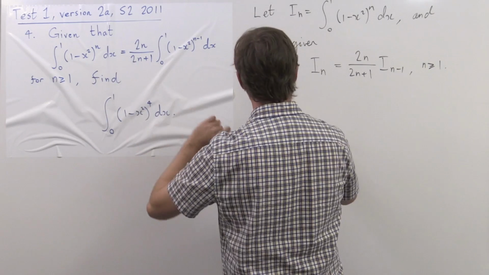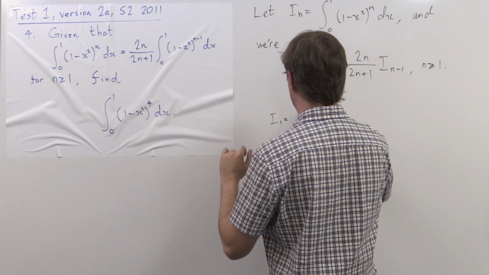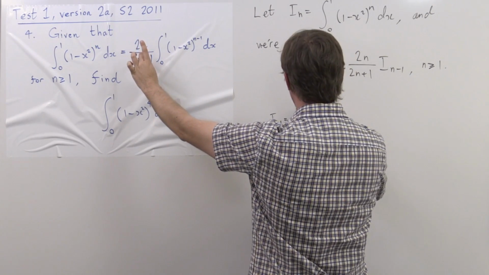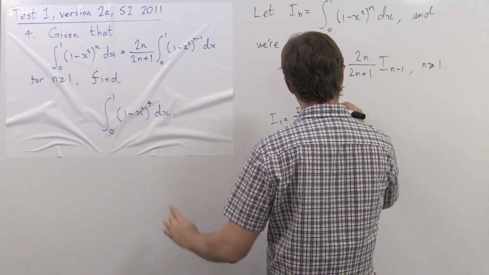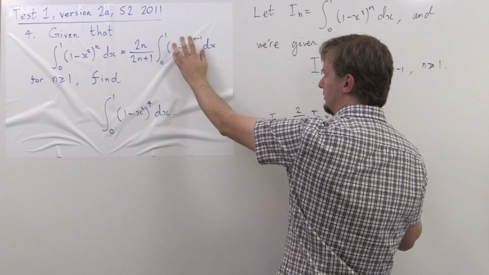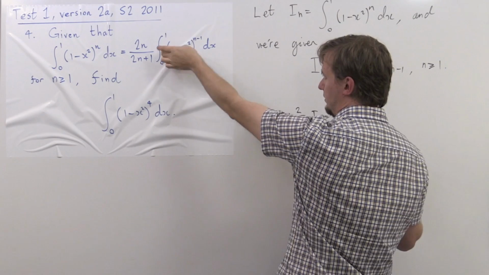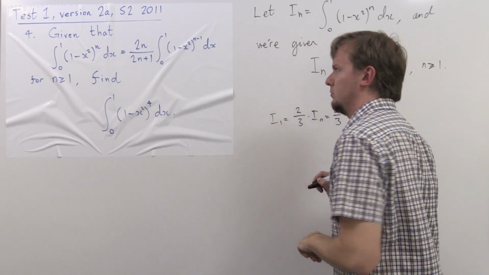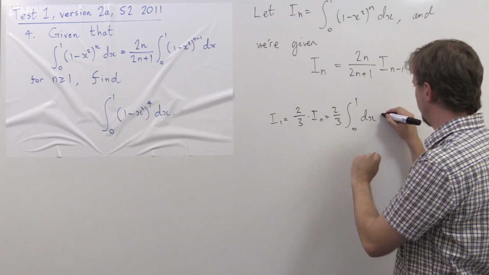According to this, I1 is equal to, we'll put in 1 here, you get 2 over 3 times I0, or 2/3 the integral from 0 to 1. Let's put in n equals 0 here: this thing to the power of 0 is just 1, so it's actually just equal to this integral dx.